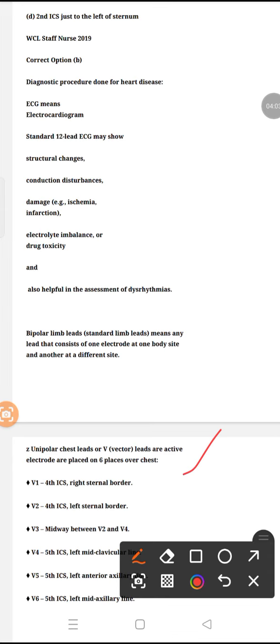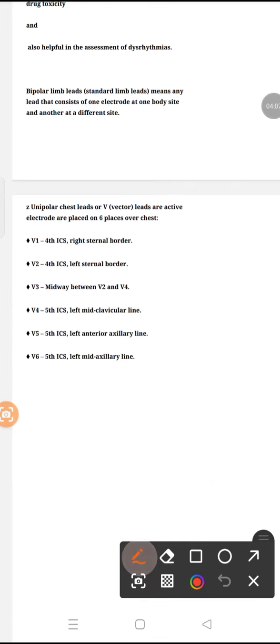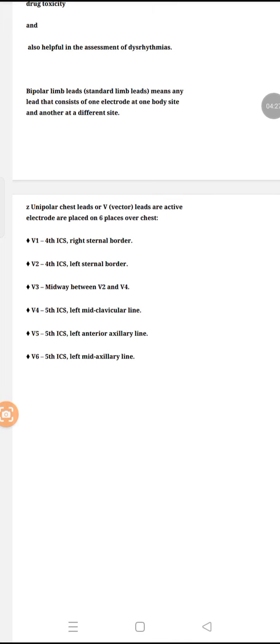Then the other leads are the unipolar chest leads. Unipolar electrodes we will be placing on the chest, at only one place each. These are called unipolar chest leads or V leads. Active electrodes are placed over six places over the chest. The question was asked about this placement only.